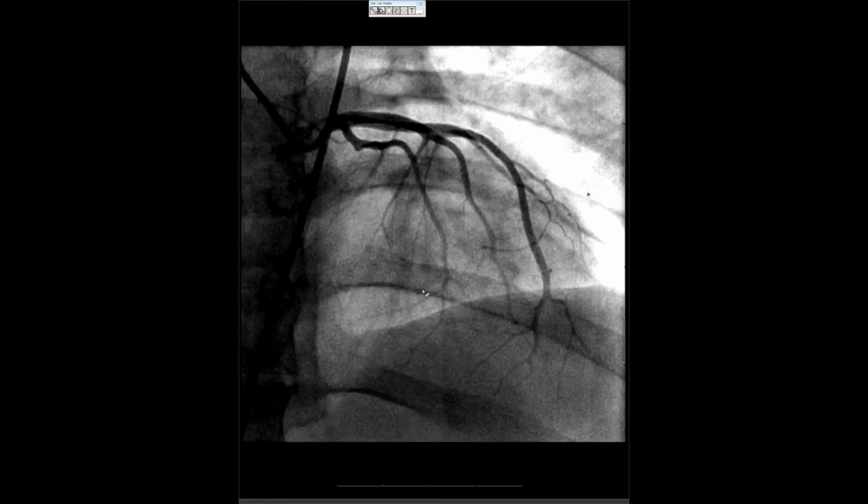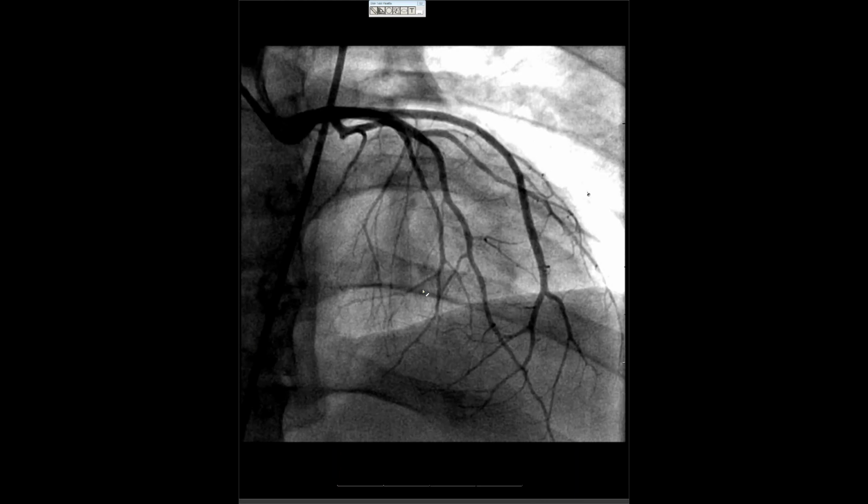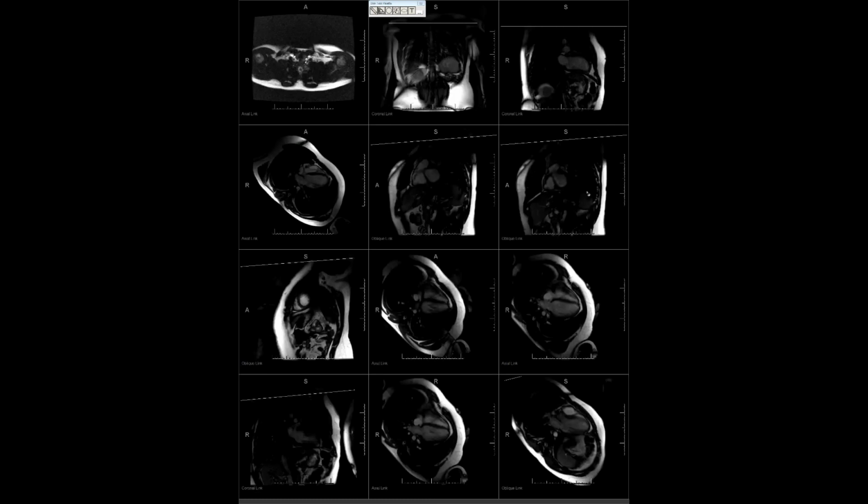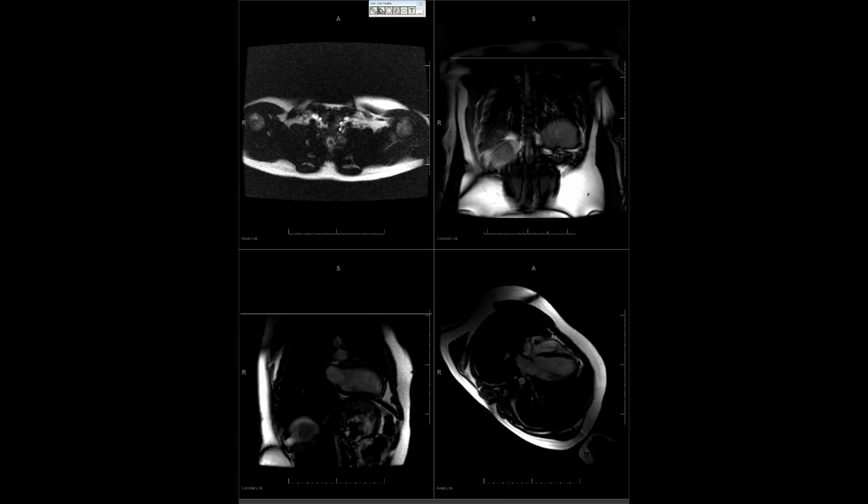The EF was a little bit low, and they thought the kid may have had Takotsubo cardiomyopathy. Then they did one more cardiac MRI this time, and again they thought maybe he's got myocarditis. I was perplexed as to why a kid would be getting myocarditis twice in a year.